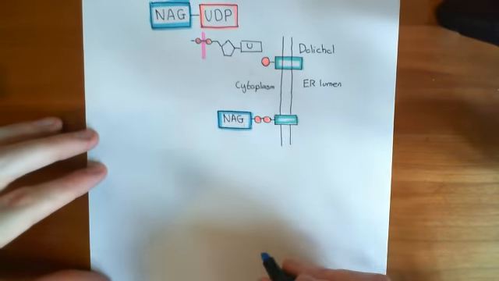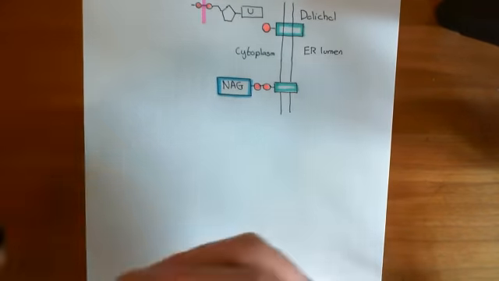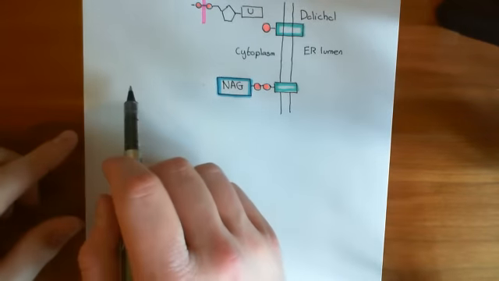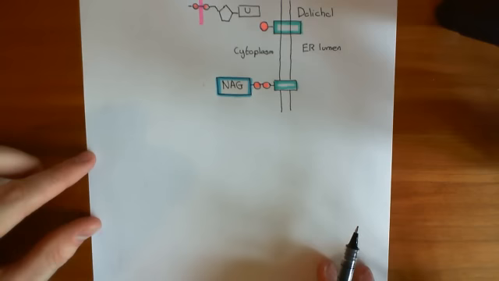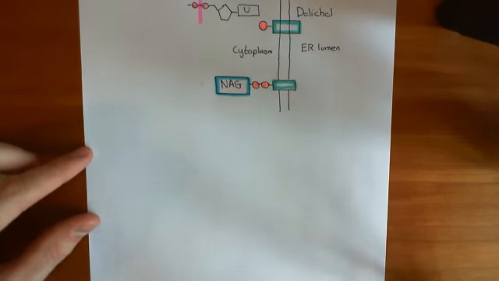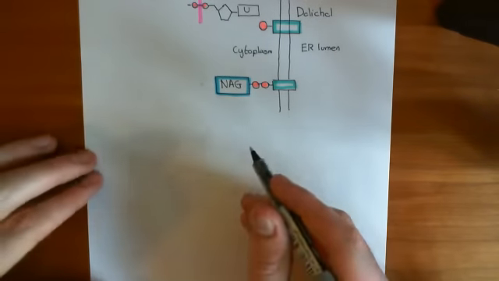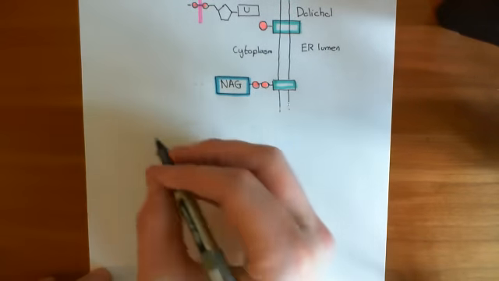Right, so let me just remind you of the structure of N-acetylglucosamine so that I can show you what we're going to do next, because we're going to link more N-acetylglucosamine molecules on the end of this to create a whole chain of sugars bound together by glycosidic links.